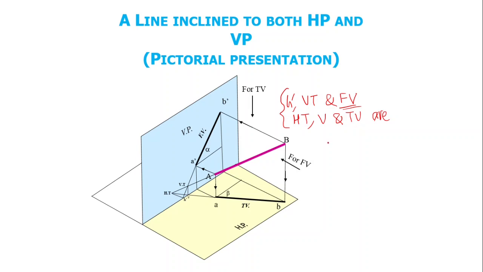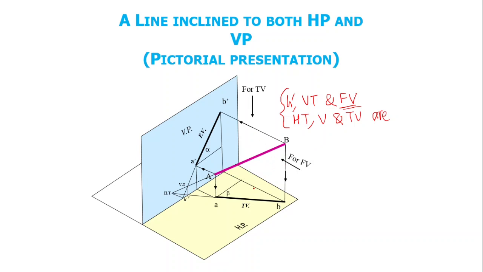We can use the trapezoidal method to find out the true length of the line. We have already discussed the line rotation method, and we found the true length in that method. Here another method we can use is the trapezoidal method to find the actual true length.